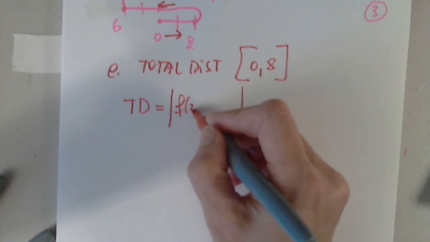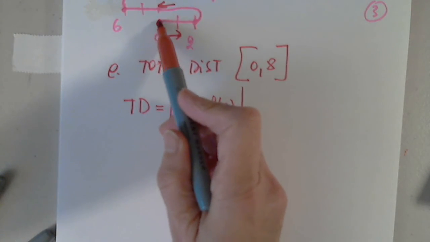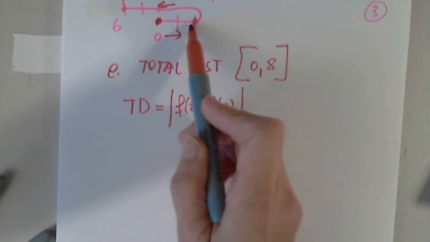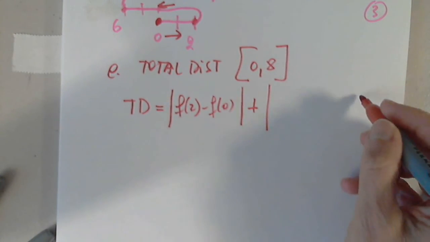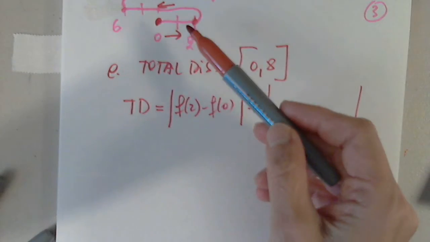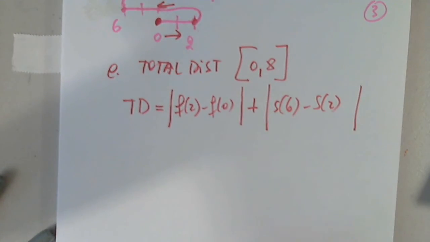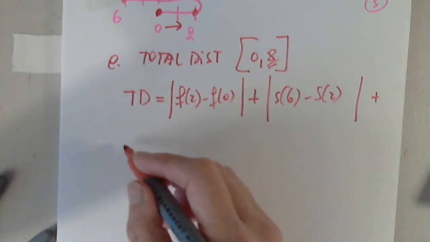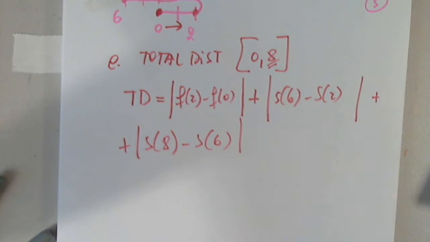So S of 2 minus S of 0 is the distance covered by the particle between time 0 and time 2, plus S of 6 minus S of 2, and plus, because we want to stop at 8, S of 8 minus S of 6.